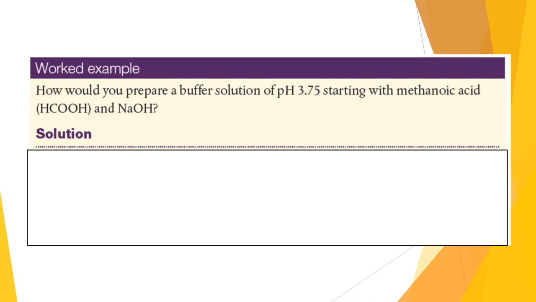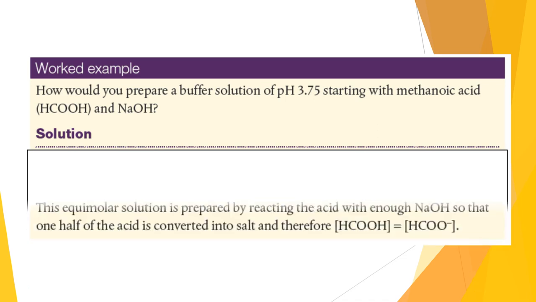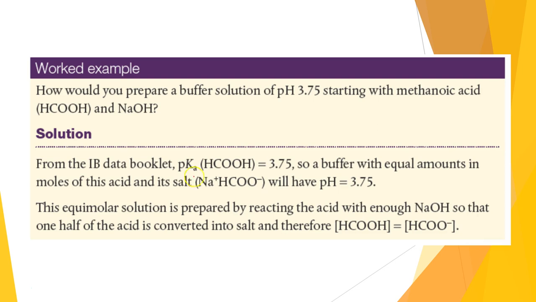Now we're being asked to prepare a buffer solution of pH 3.75, starting with methanoic acid and sodium hydroxide. So we're going to need to work out what concentration of methanoic acid will give a pH of 3.75. We go to the pKa: a buffer with equal amounts of moles of this acid and its salt will have a pH of 3.75, because the pKa is equal to 3.75.